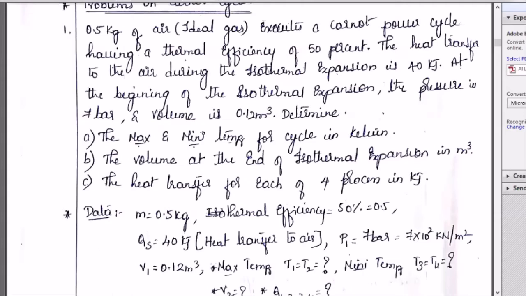So please take your own time to read out the problem and take out the data.